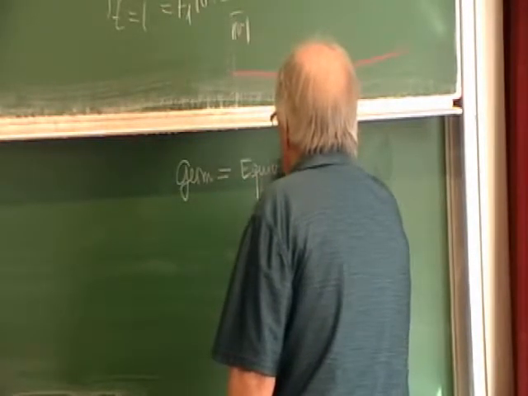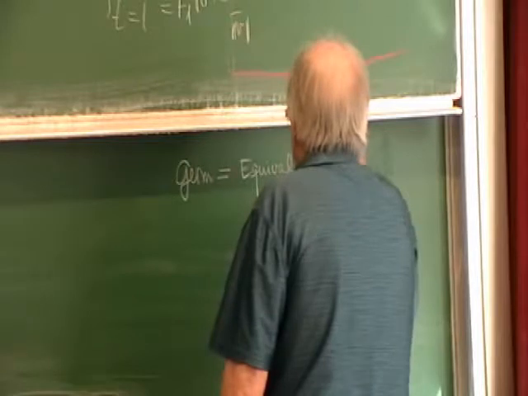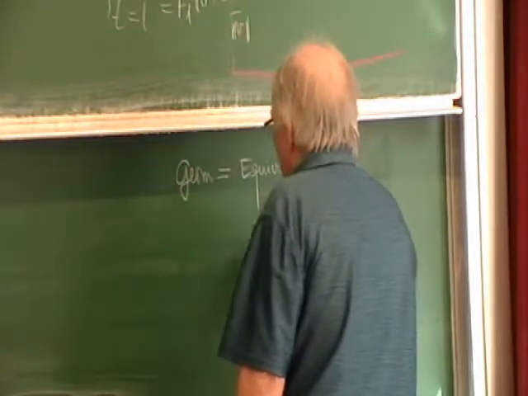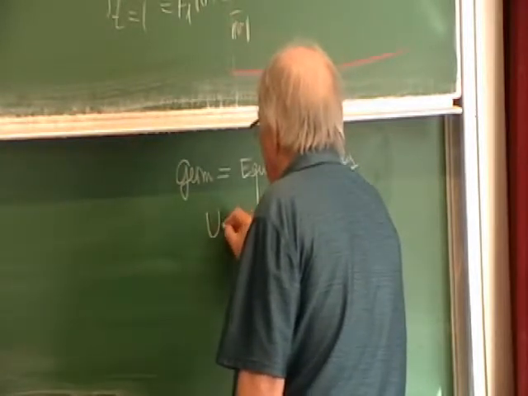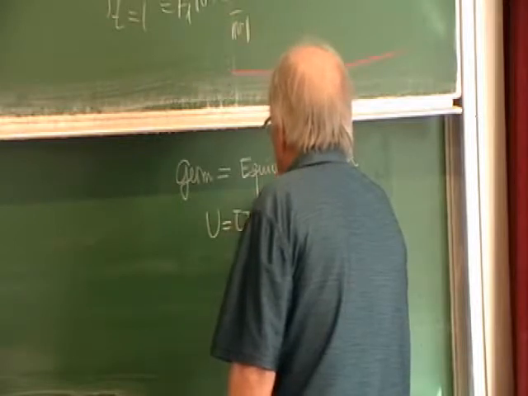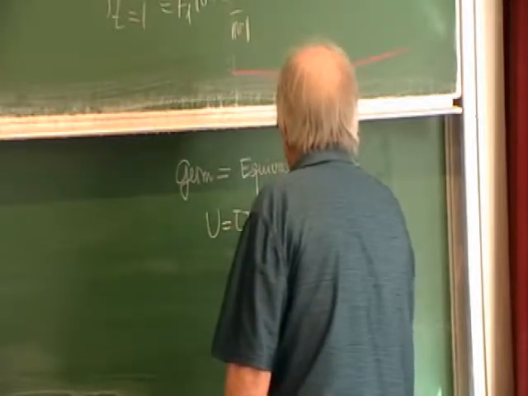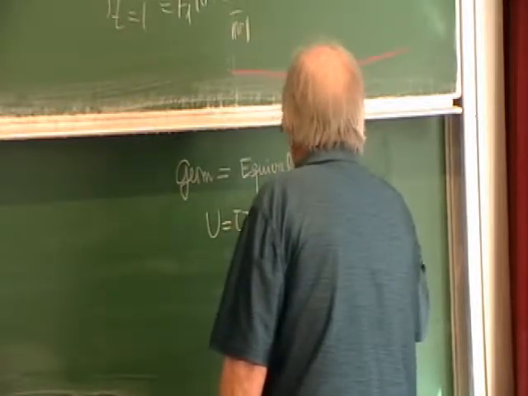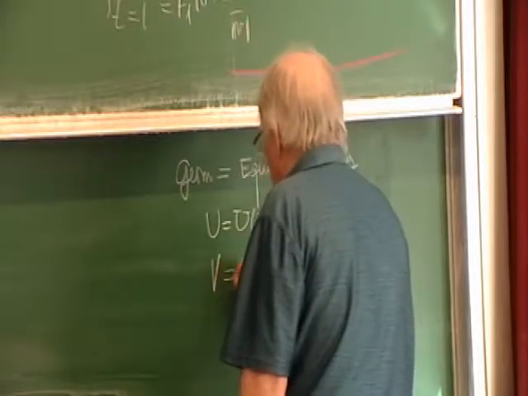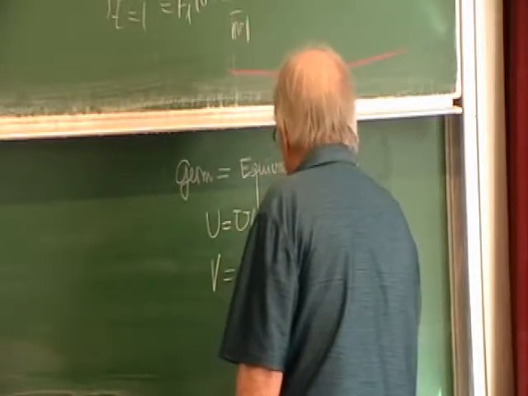What do you have? You have a neighborhood U of the origin, and you have a holomorphic function on that neighborhood, and you have a neighborhood V of the origin, and you have another holomorphic function on that.